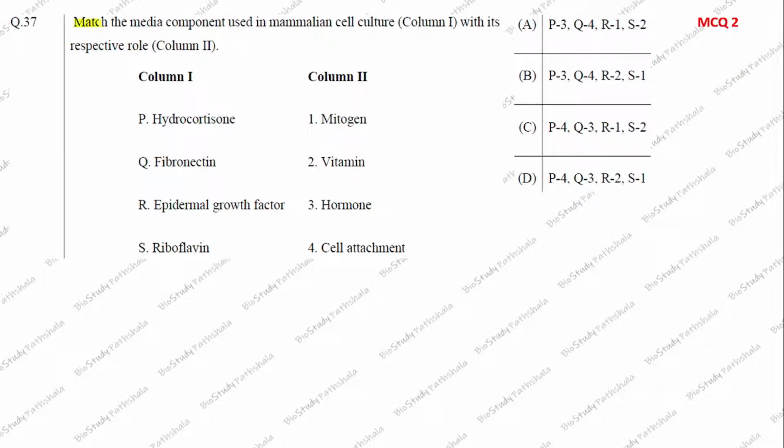Next question is: match the media component used in mammalian cell culture in column 1 with its respective role in column 2. P option is for hydrocortisone, Q is for fibronectin, R is for epidermal growth factor, and S is for riboflavin. Riboflavin is vitamin B2. So this option will go with option 2, that is vitamin.